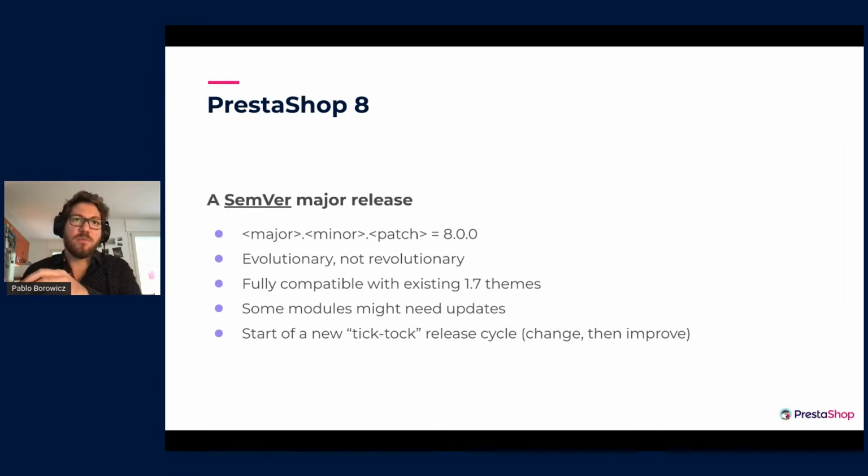It goes with the tick, which is an improvement, and then the tock, which is a shift in the architecture, then back to the tick, which is an improvement, and so on. So we are planning a new release cycle, which I'm going to speak about in a moment, which will follow this tick-tock alternating release.